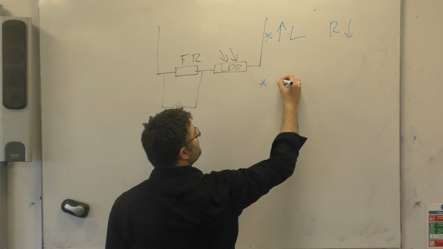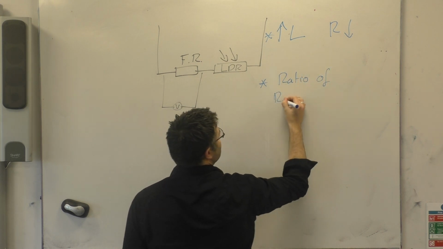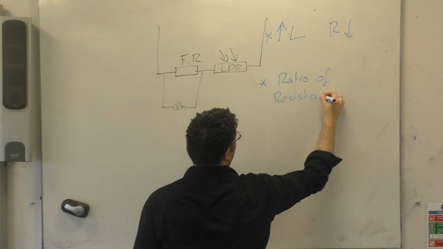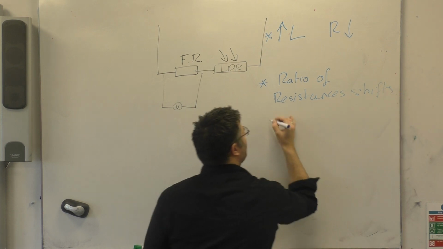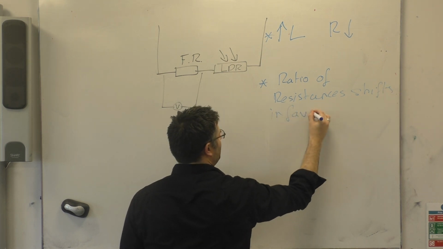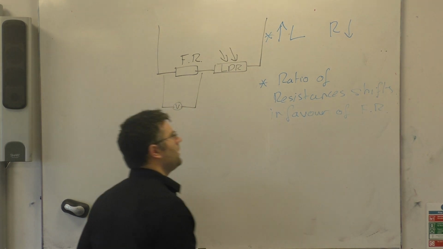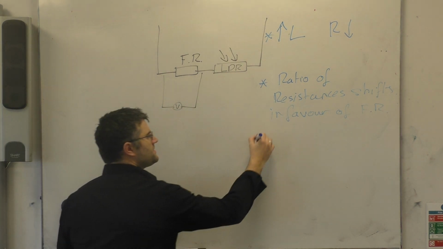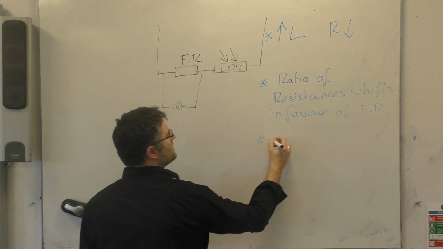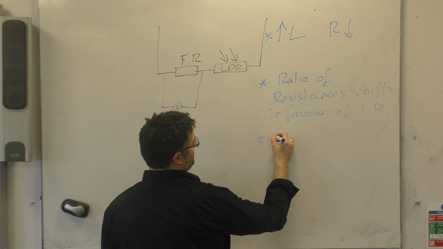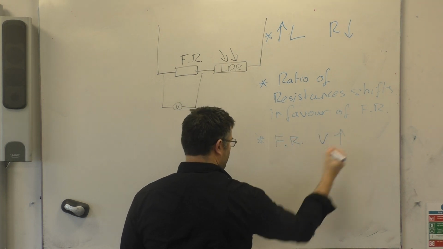So let's write that down. Because the ratio of resistances shifts in favour of the fixed resistor, the voltage across the fixed resistor will increase.